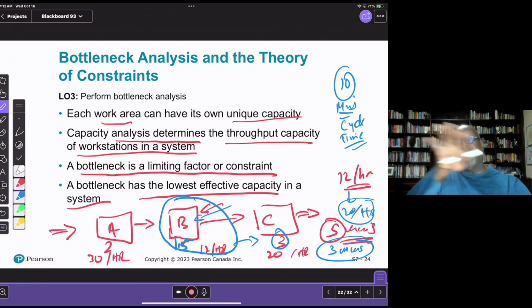Yes, that's because you're feeding the production line constantly. So it's taking 2 minutes here, 5 minutes here, 3 minutes, and it's out. Remember, once that 2 minutes is finished, then another piece of raw material is put into workstation A, and now it's being processed.